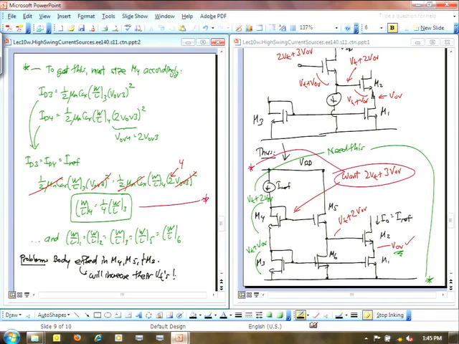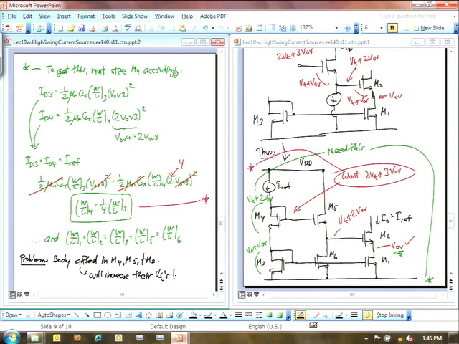But those devices up top, not true. That's why the last thing I said was that I have to worry about M4, M5, and M2, because their threshold voltages are not just 0.7 volts. They're not just the VT naught. They're VT naught plus some amount due to the body effect. So I have to be careful about that.